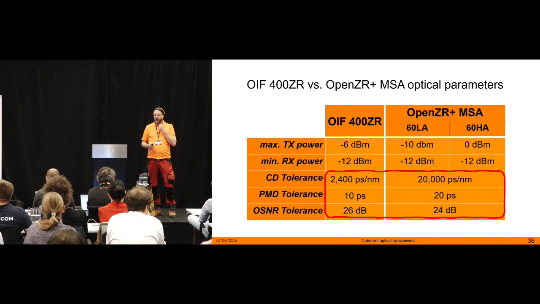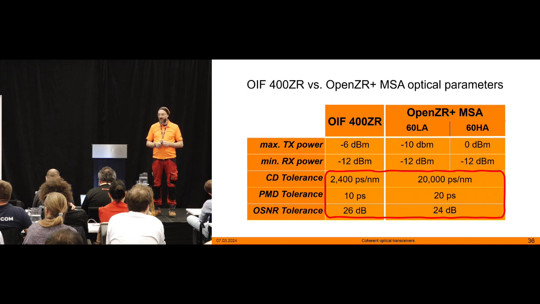I want to point out the differentiation now about the standards. There are two major standards defining those coherent transceivers. The first one is the OIF 400ZR, and the other one is OpenZR+.